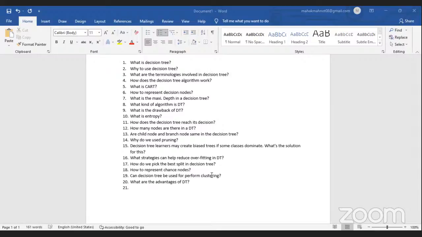It separates a data set into smaller subsets. It is useful for large data set because it separates it into smaller subsets. And at the same time, the decision tree is steadily developed. So the final tree is a tree with the decision nodes and the leaf nodes.